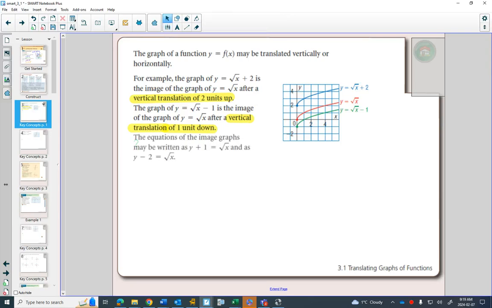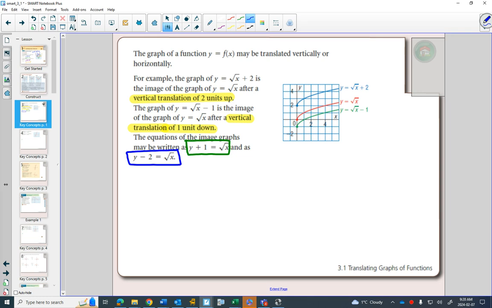And same thing, something to notice here is that another way of writing that green equation is like this. Another way of writing the blue equation would be like this. Can you see that all they did was move the 1 over to the other side of the equation? Okay?